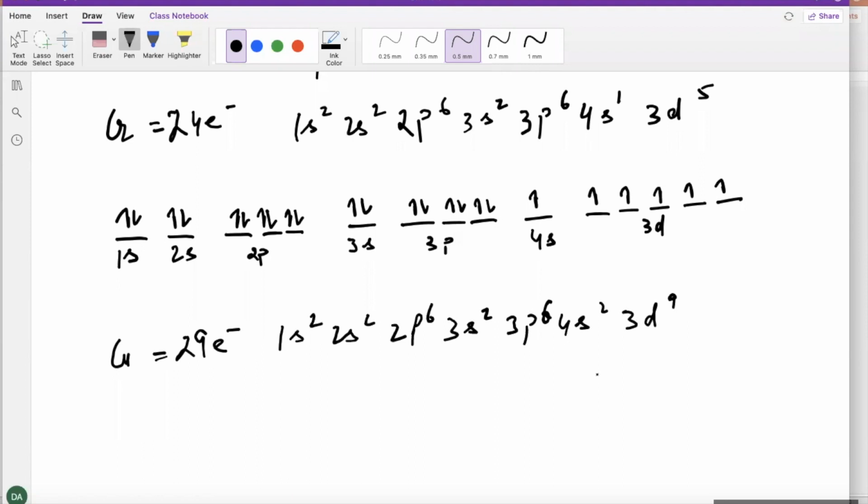You see, guys, copper is also in the same dilemma. It can move one of the electrons from 4s2 to 3d, and this will become 10, and that's what it actually does. So when you see actual copper, it's not 4s2, 3d9. It's actually 4s1, 3d10. So this is the actual electron configuration for copper.